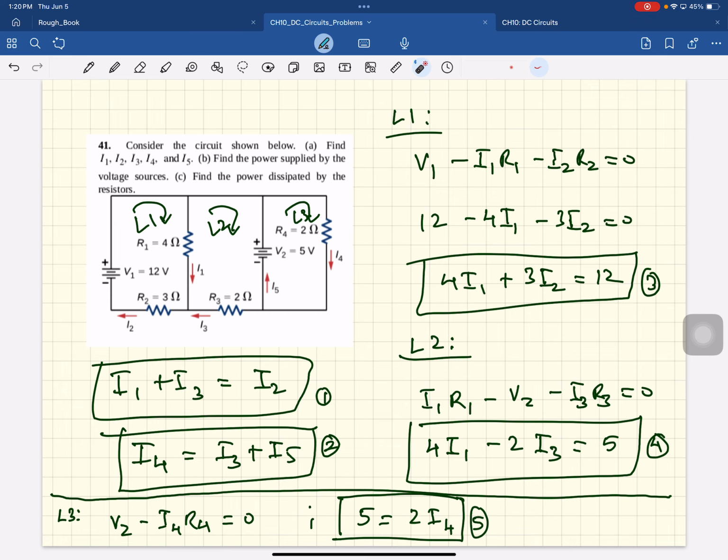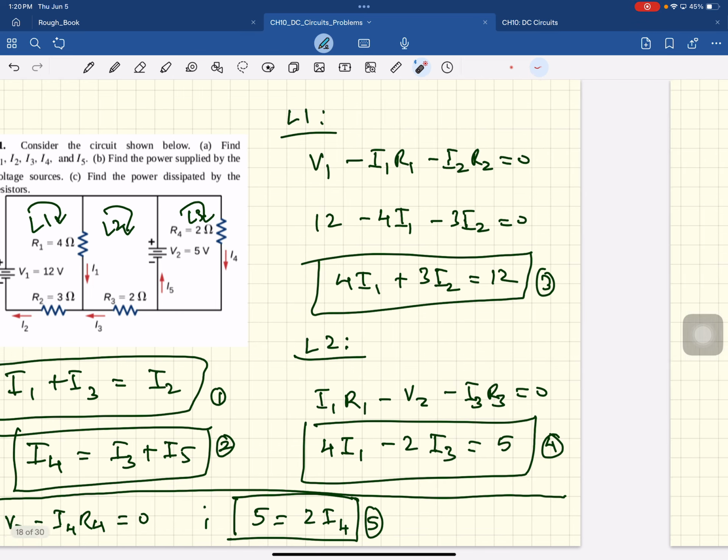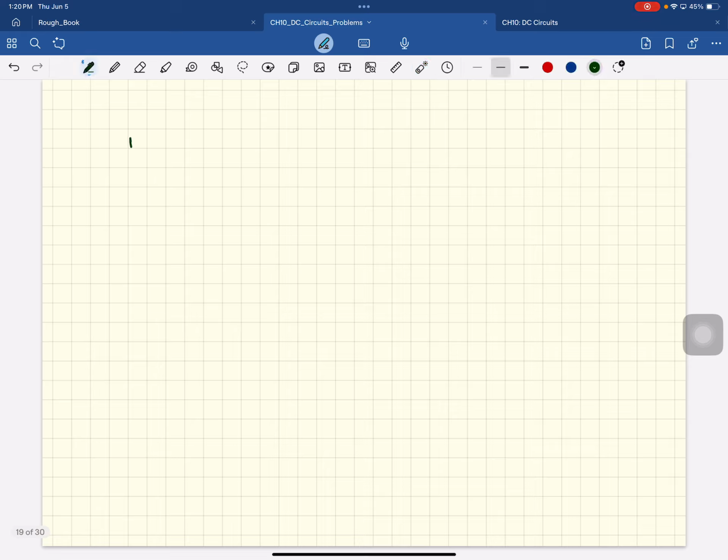Equations 1, 3, and 4 will give you I1, I2, and I3.